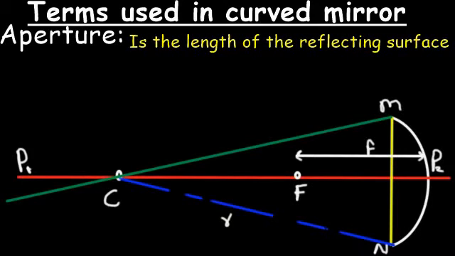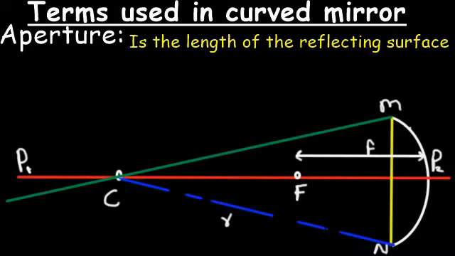Aperture. Aperture is the length of the reflecting surface. So what does that mean? Here is a ray diagram showing different rays of light. We said the aperture is the length of the reflecting surface.